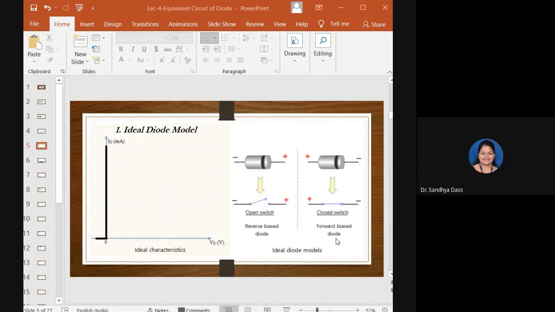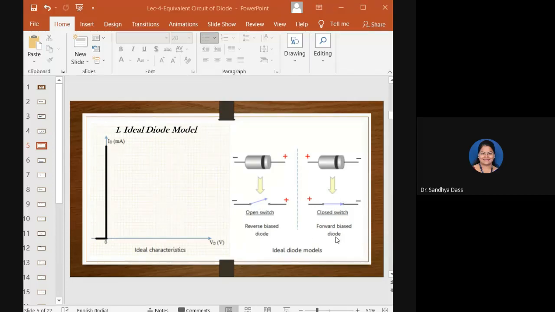In other words, in an ideal diode, if the voltage across it exceeds 0, say any voltage that is applied, then current flows. We say that there is full current flowing through it. So if the voltage is greater than 0, any value greater than 0 on the x-axis, as you can observe, there is full current flowing through. So we can take it as a closed switch condition.